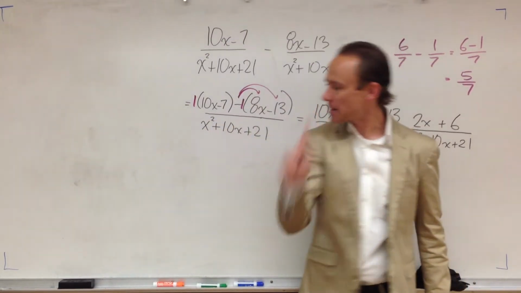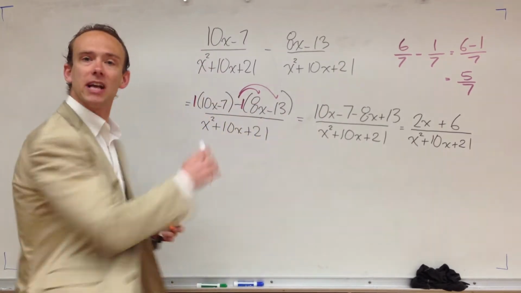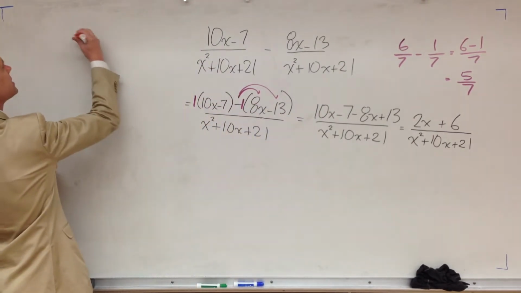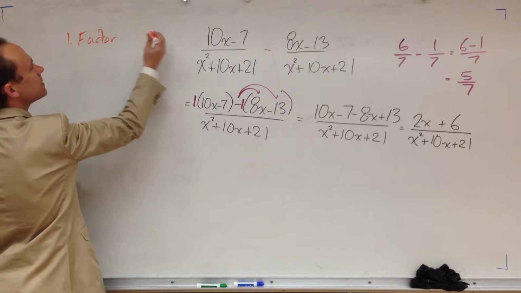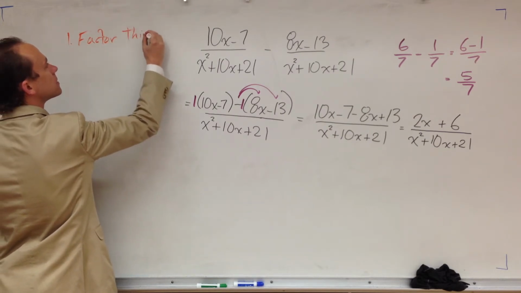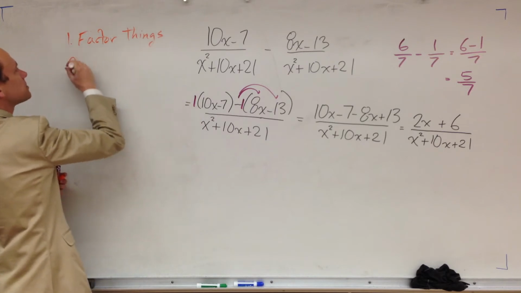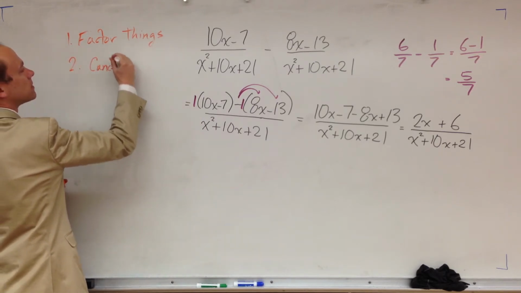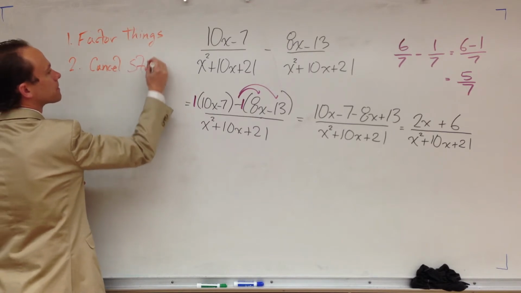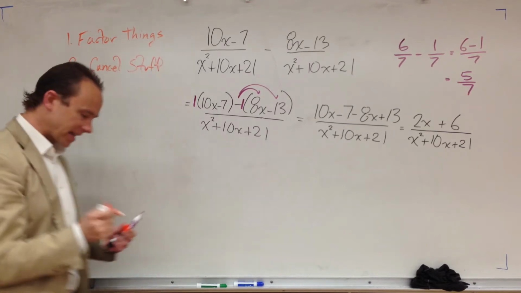We had 2 steps for simplifying a rational expression. Let me rewrite them. Step 1: factor things. And step 2: cancel stuff. Factor things and cancel stuff.